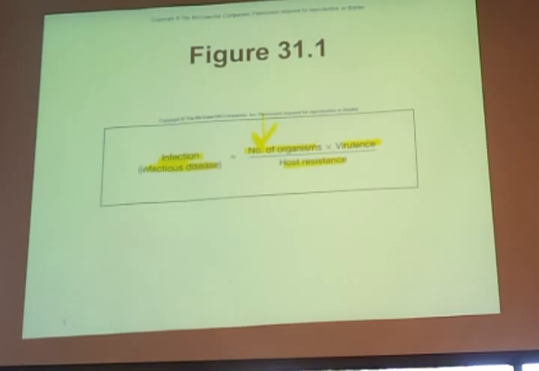Okay, and so we do know that that's going to really be influenced by how resistant a person is. And even the resistance that people have, even at their most resistant state, like at their healthiest state, you know that there are differences from person to person in how they respond to infection.